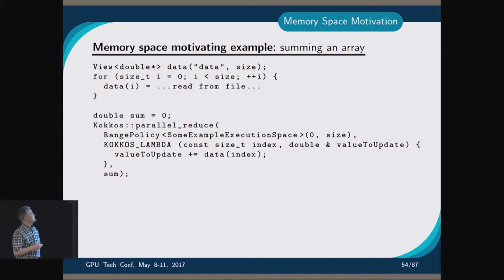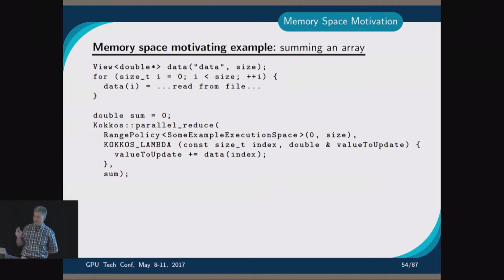Okay, so memory space. Let's do a little example here. We have a view, we've done an allocation to a particular size, going into some memory space, and now we're going to do a range policy and a summation. We're going to do a parallel reduce and just sum up the contents.